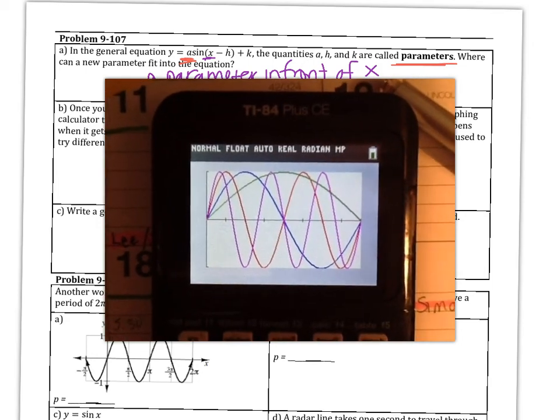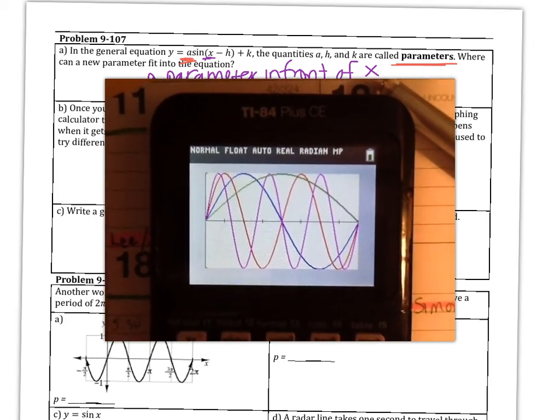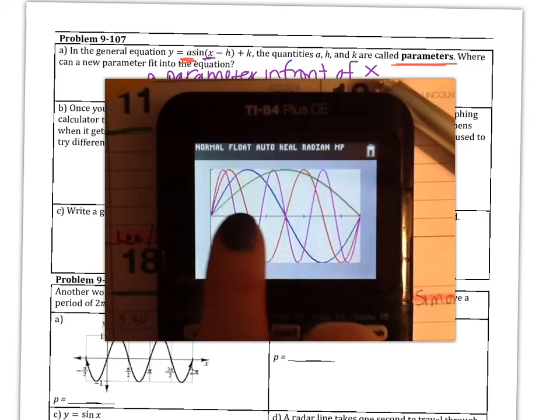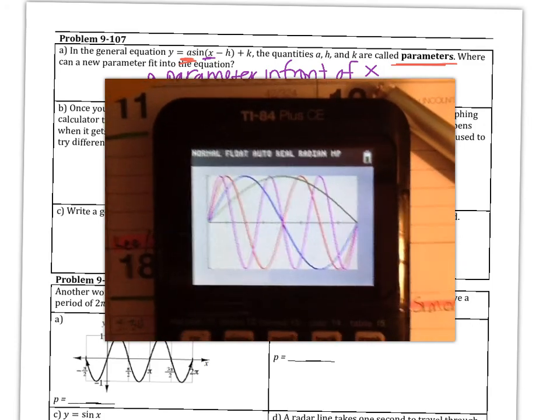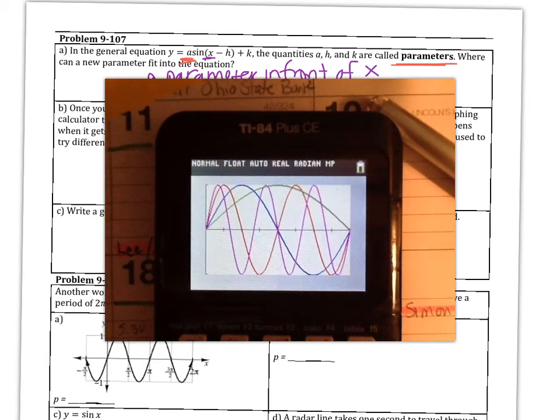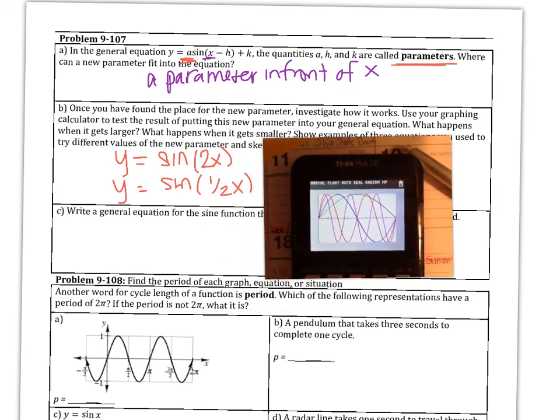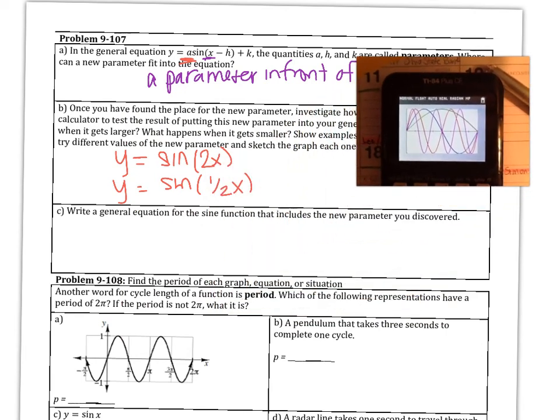So think about what those numbers increasing and decreasing did with the number of times we saw that sine function actually populate in this one window from 0 to 2 pi. Okay, so I'm just going to slide that up there.